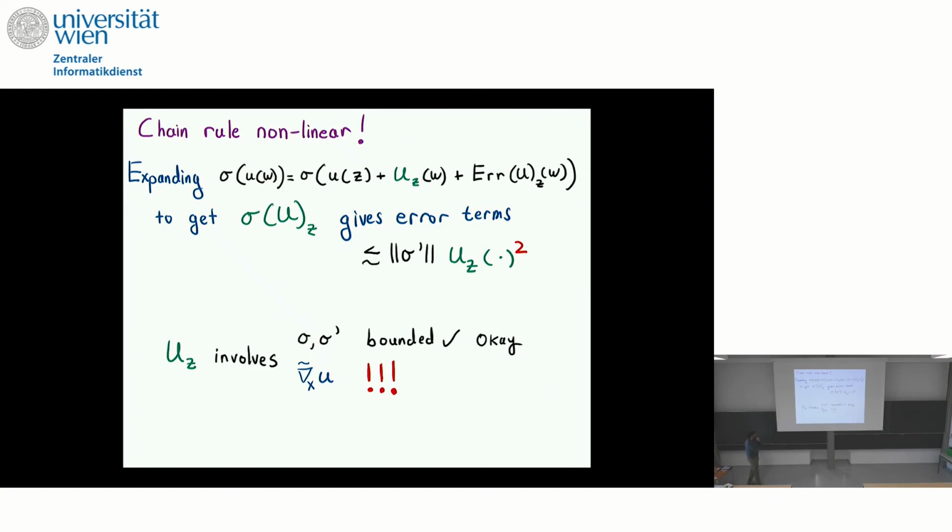And so this is where we begin to see the problem becoming really nonlinear, because the chain rule is going to give us a nonlinear error term. So if I expand sigma of u of omega of w using the jet for u, then I get error terms that are quadratic in the jet.